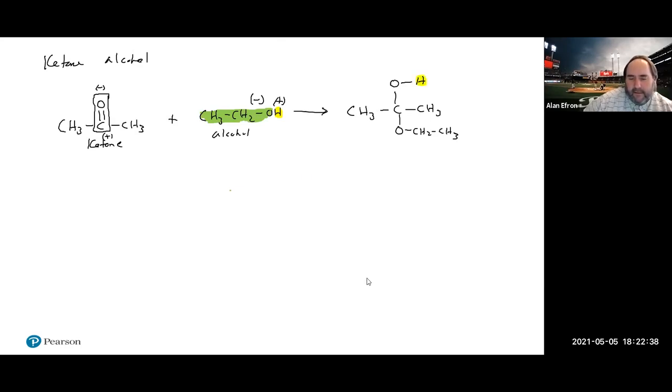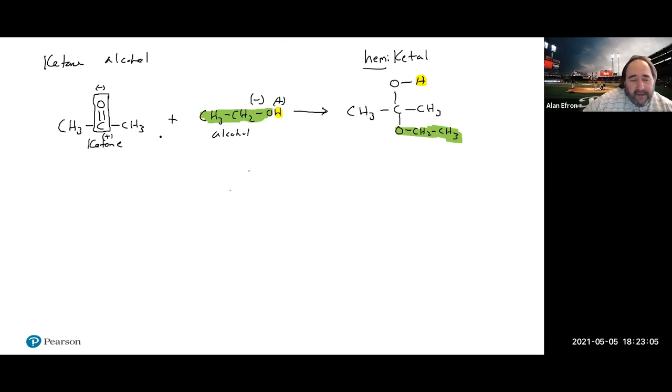And oxygen carbon here. This, as you can imagine, has a name very much like the other one. Some people still call it a hemiacetal, but some people call this guy really a hemiketal. It is a hemi, again, because it has that OH group.